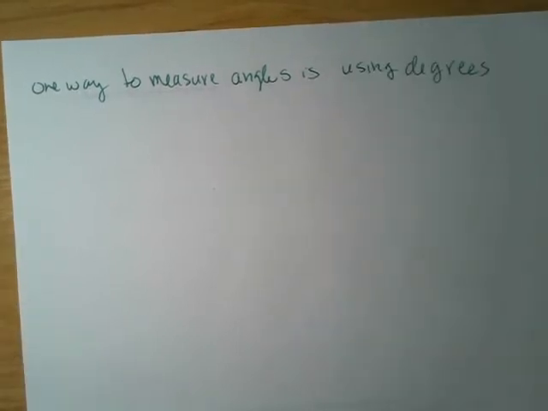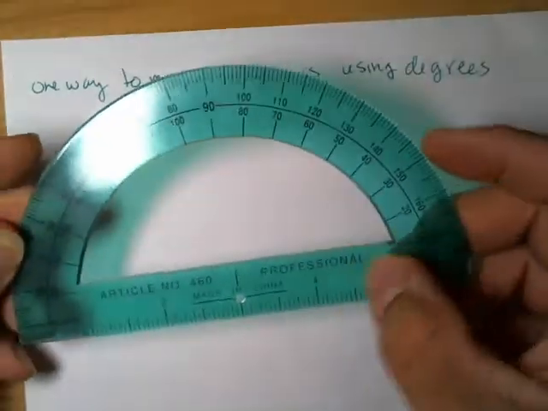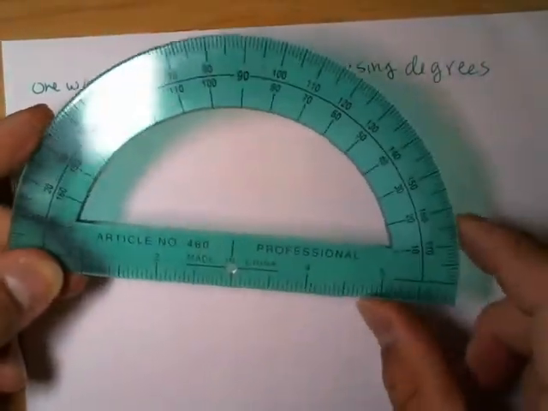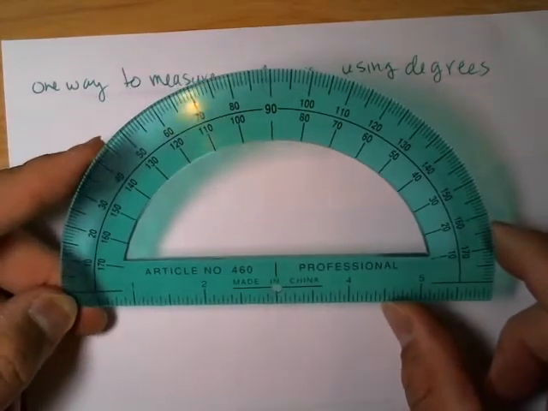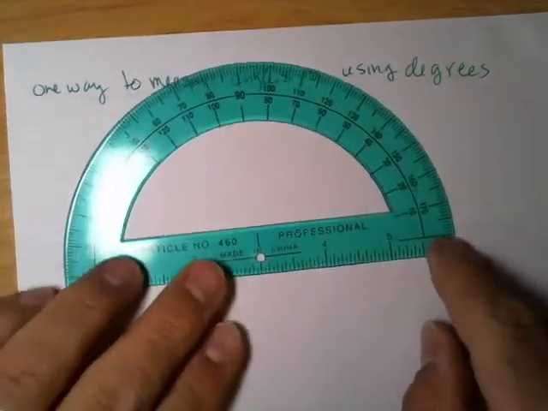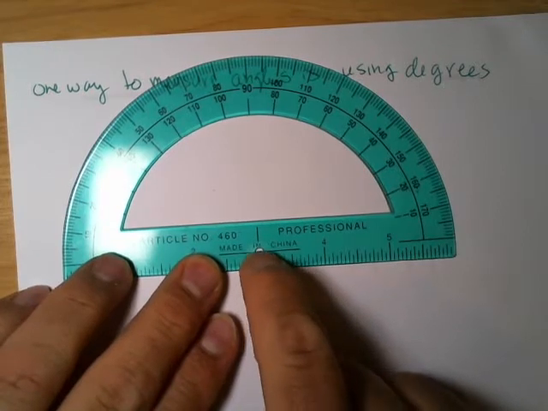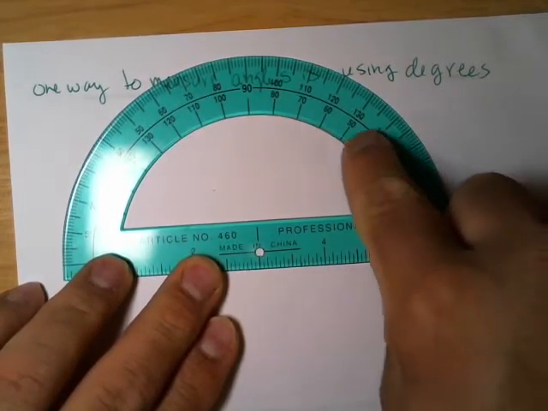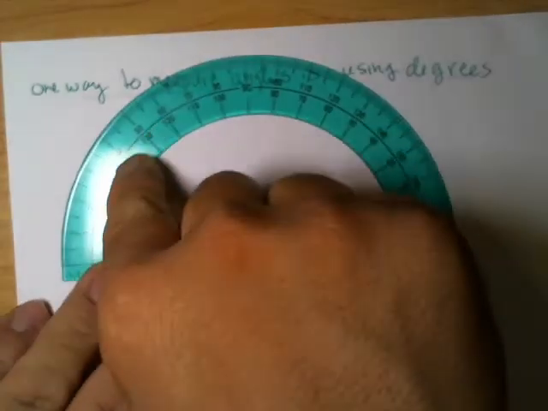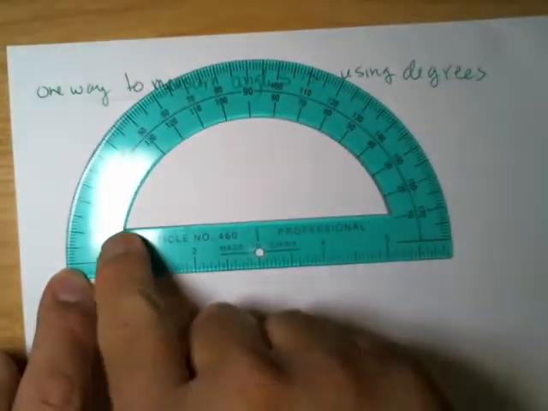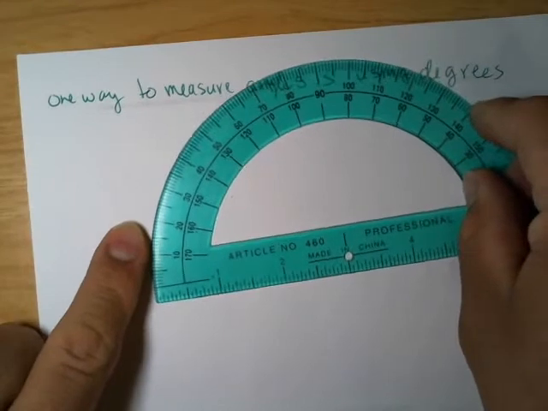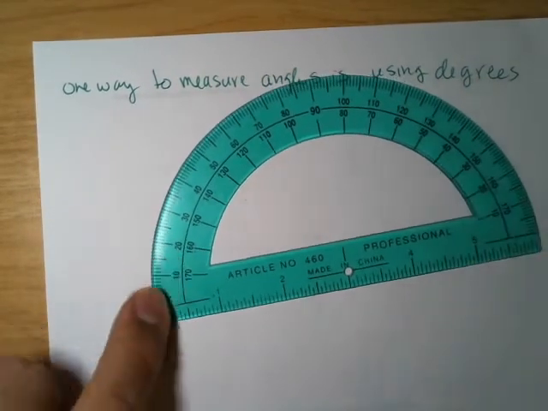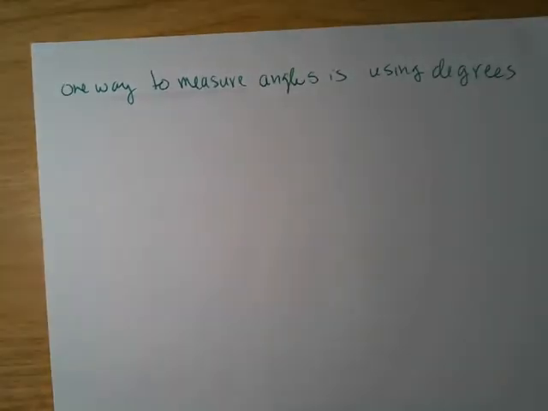So here I have a protractor. Notice that it's in degrees, and if we're measuring from this side here, this would be the vertex of an angle. As we work our way around, this is half a circle, so we have 180 degrees, but a full rotation would be 360 degrees.